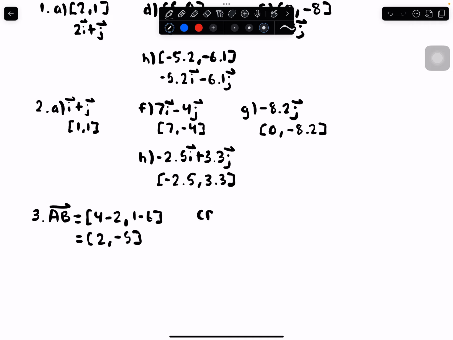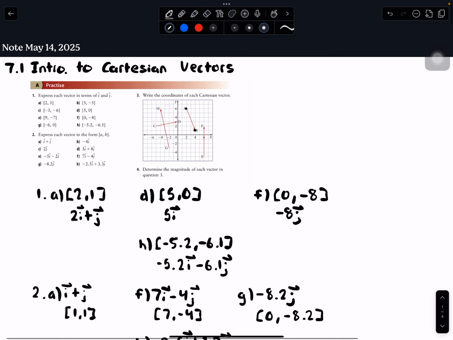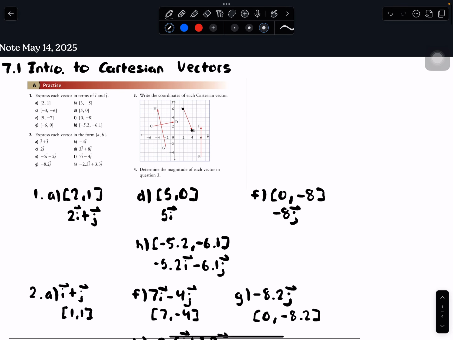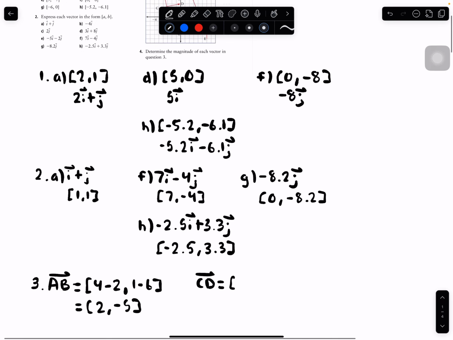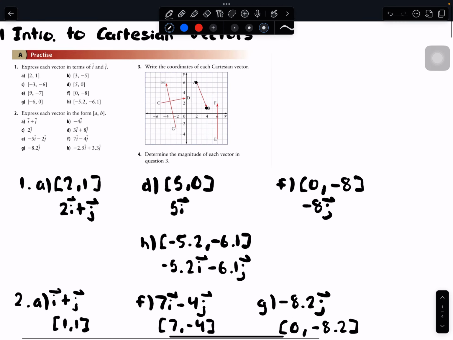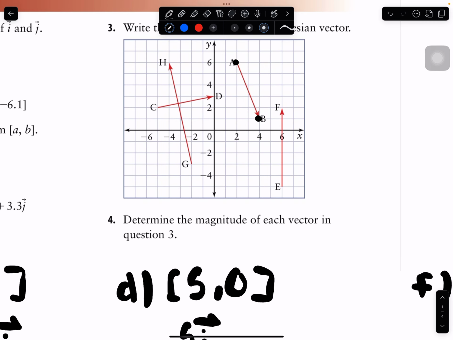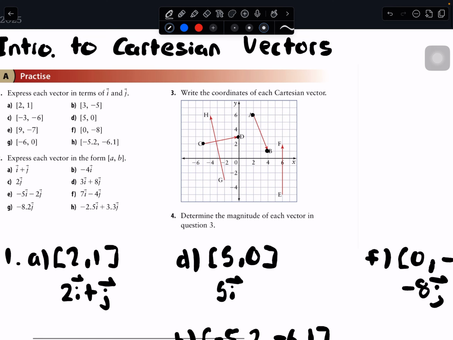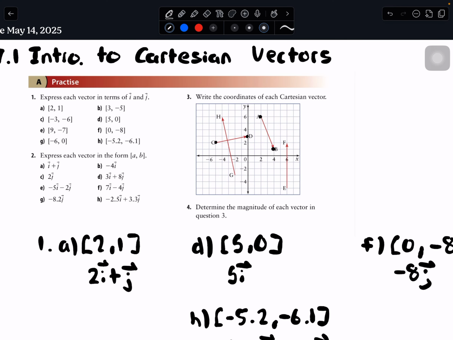Moving on to CD. Okay, so for CD, same deal. We're always subtracting these ones from these ones. So we're subtracting the cx coordinates from the dx coordinates, and the cy coordinates from the dy coordinates. And that will be the case for all of them.